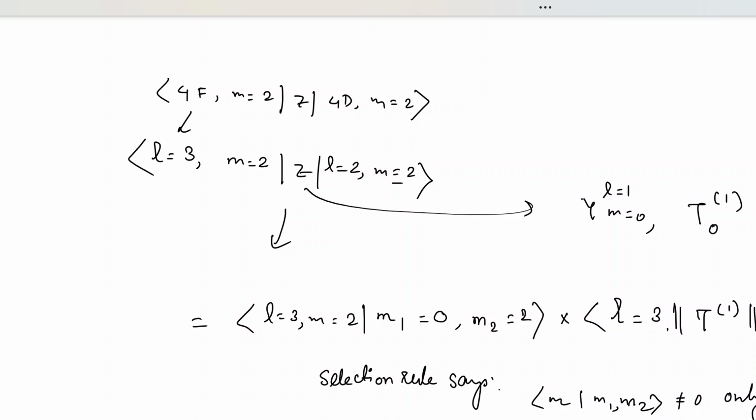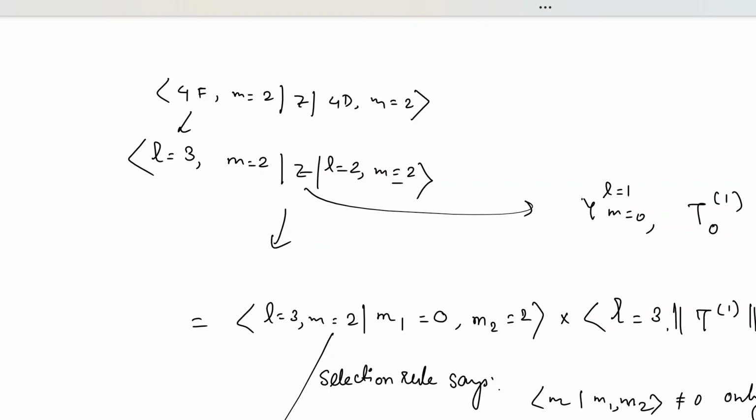Only then will it be allowed or give a non-zero contribution. So here your m equal to 2, and m1 and m2 are 0 and 2. So 2 equal to 0 plus 2, so this condition is valid. That means this will contribute and give a non-zero value.